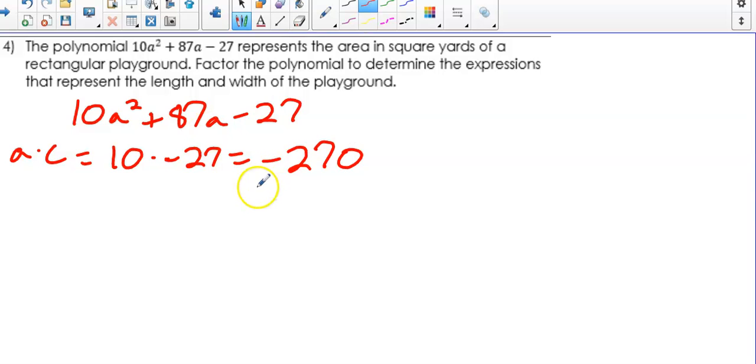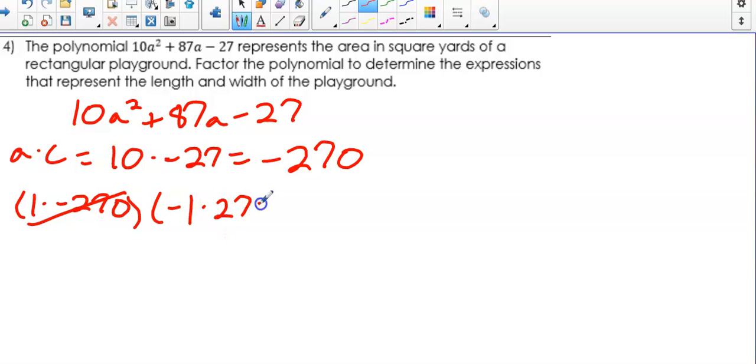Now, I want to find my factors that will multiply to give me negative 270 and add to give me positive 87. If I start out, let's just do 1 and negative 270. Those don't add up to give me 87. So I could do negative 1 and positive 270. Those don't add up to give me 87 either. I could keep going. I could do 2 and negative 135.